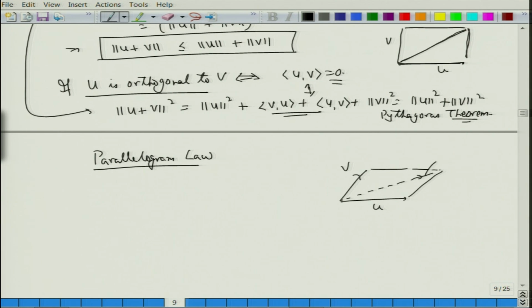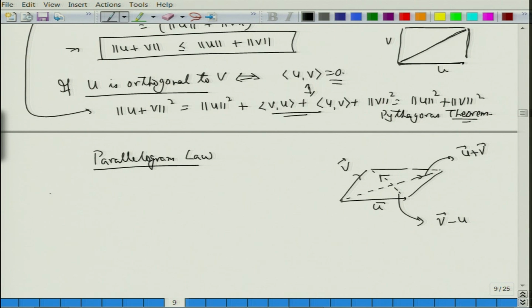This is the vector u plus v, and this is the vector... suppose I am going from this direction, I am going u and v here. So this vector for me is, I am going like this, v minus u. I am looking at this part. So let us look at the lengths here.